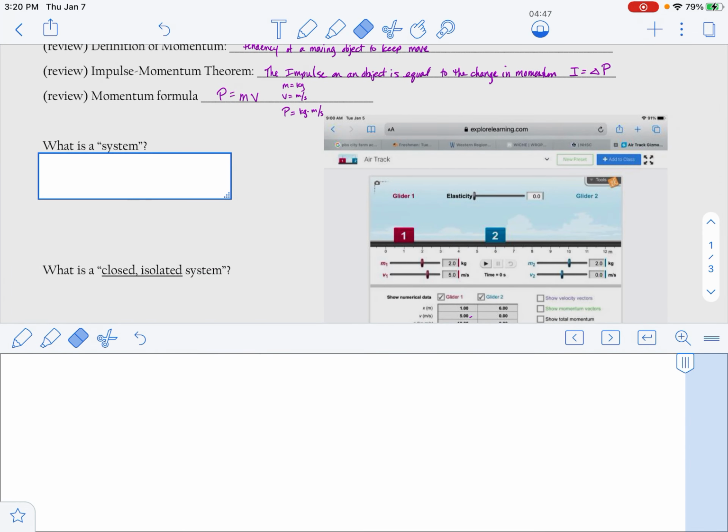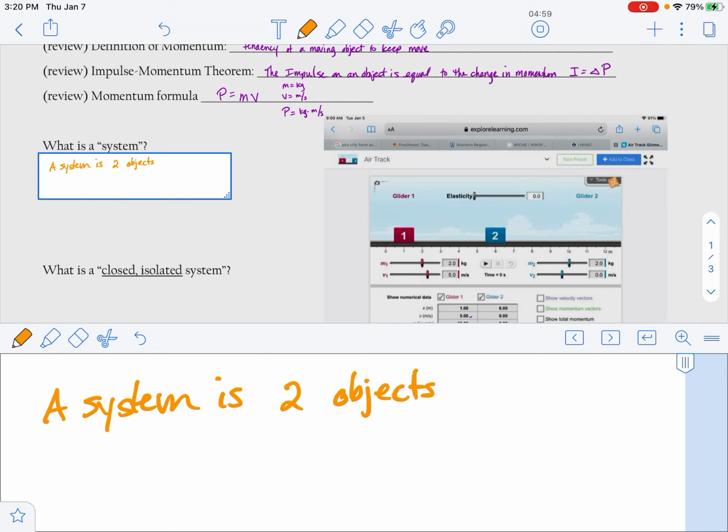A system is two objects, it could be more than two, but we're going to stick with two, that are involved with the action in the problem.